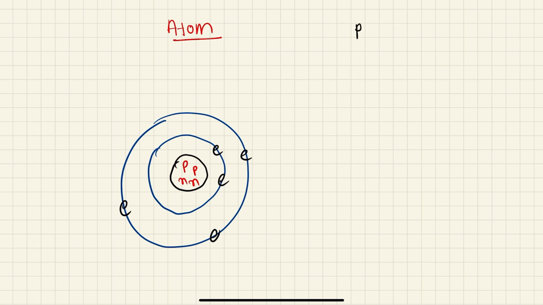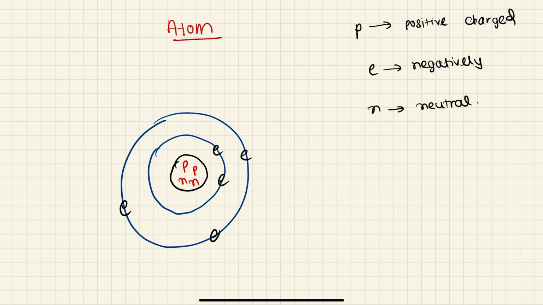So a proton is just a positively charged particle, while an electron is negatively charged, and a neutron is neutral, there is no charge.